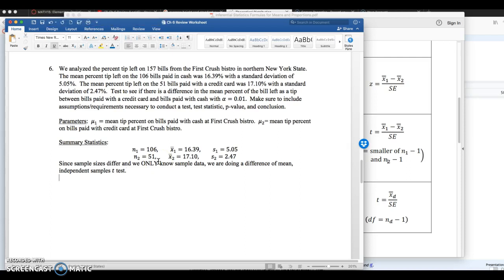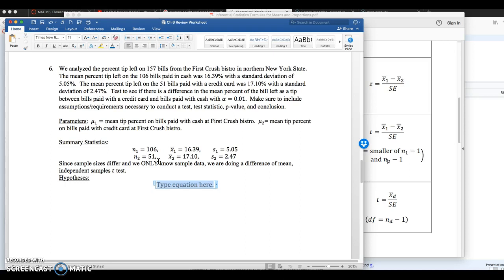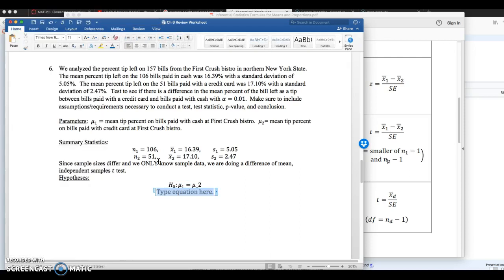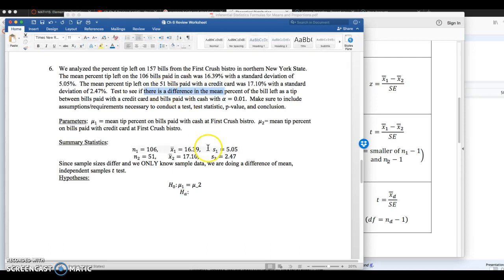So now let's write down our hypotheses. The null hypothesis is that these 2 population means are equal. And for the alternative hypothesis, we want to test if there is a difference in the mean.